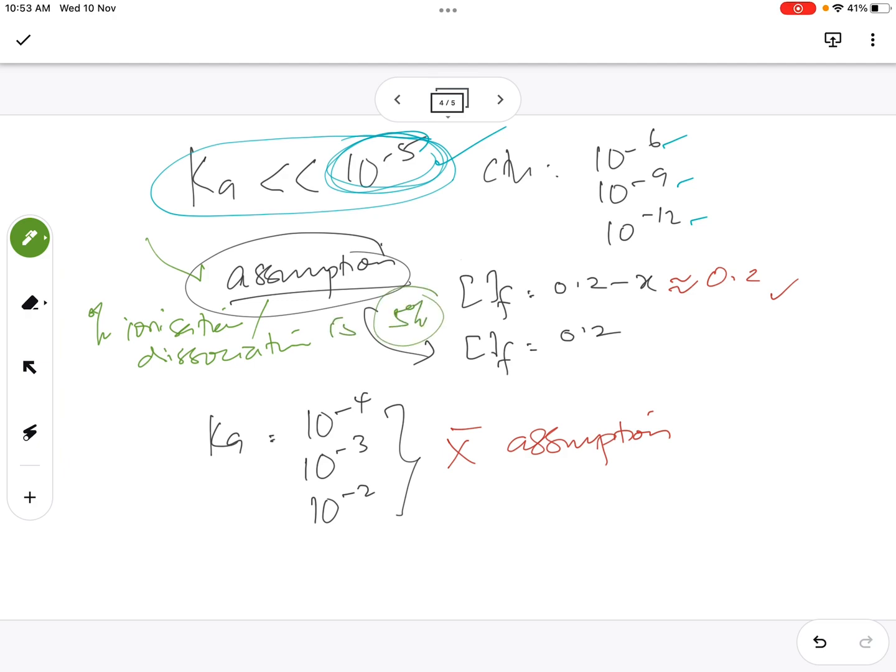But this is what we call the secondary factor. The major factor is the Ka value. We usually don't check this; the Ka value is normally the indicator of whether we can assume or not. Usually we only know the percentage of ionization after we calculate it.